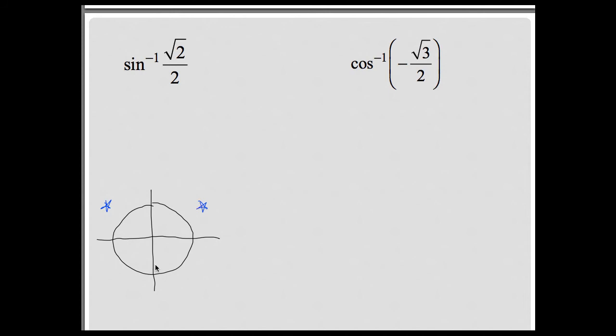But we have to consider our restricted range, which goes from negative pi over 2 to positive pi over 2. So the only answer we're going to have is out of the first quadrant. So think of your unit circle. You want to think of where the sine value, the y-coordinate from the unit circle, is the square root of 2 over 2, known to most of us as 1 over root 2. That's simply going to be pi over 4.